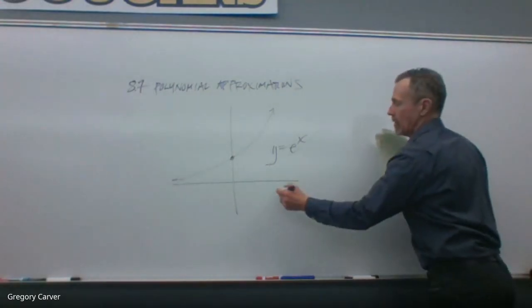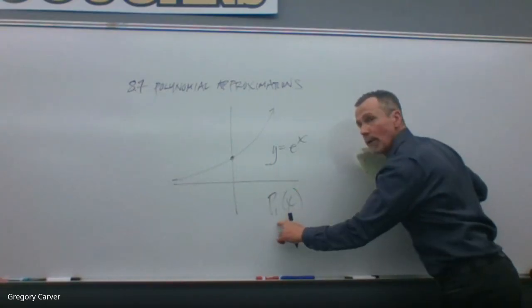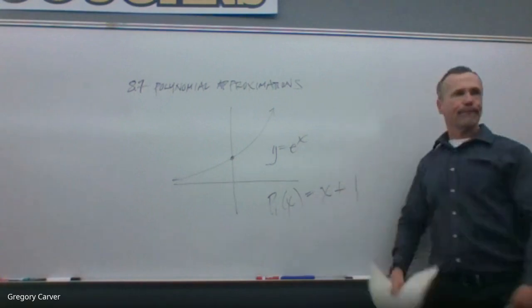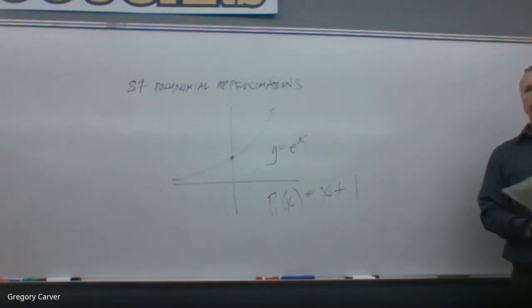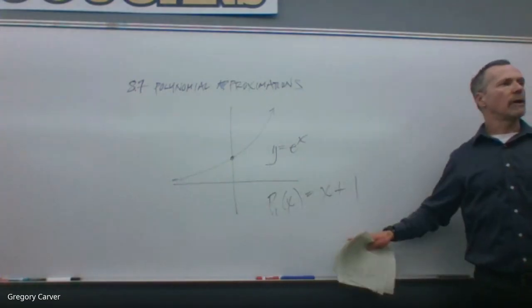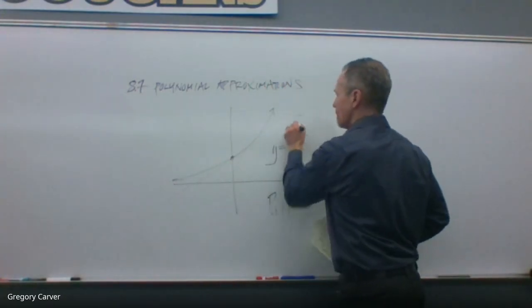So check this out. You would say that p sub 1 of x, this is a first degree polynomial, that's the notation for it, turns out to be x plus 1. Again, I just don't have time to work through the algebra on this. So what you get is something that looks like this, there's your x plus 1.